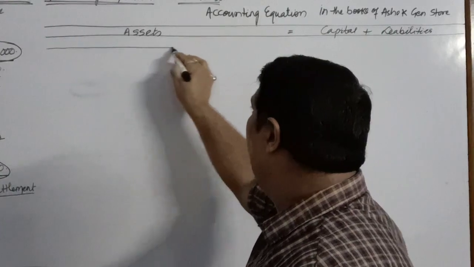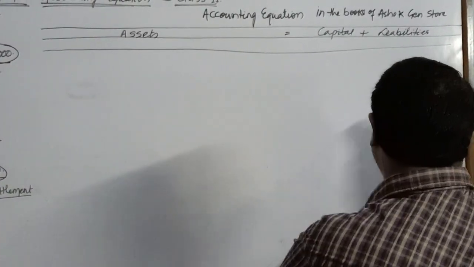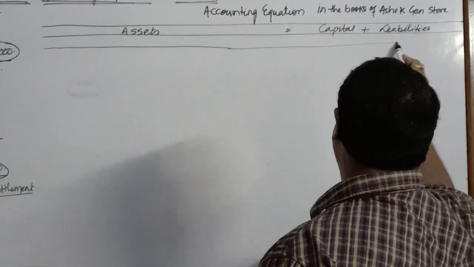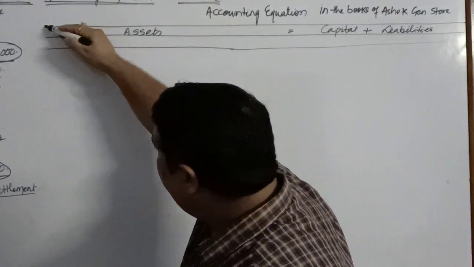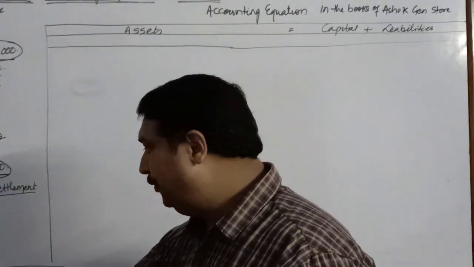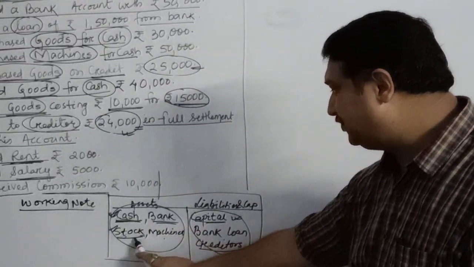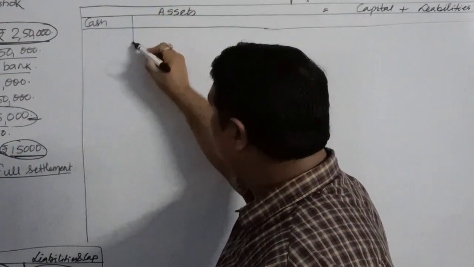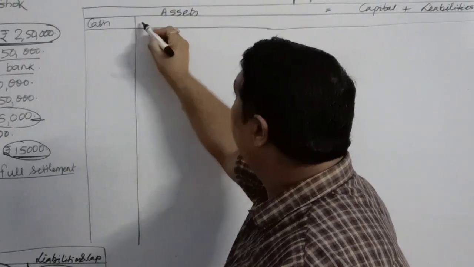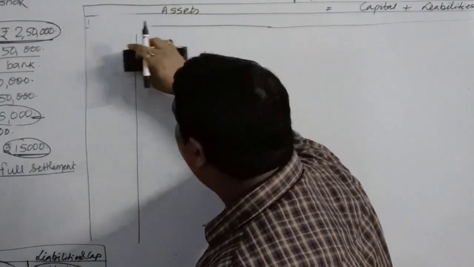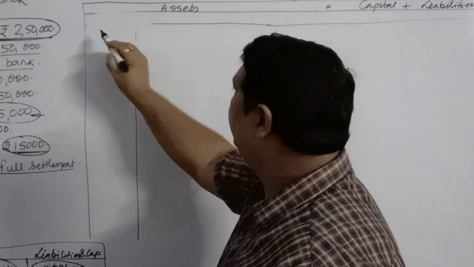Then you draw another line, and over here you will write the name of all the items which you are going to make under the head assets or liabilities. So under the head assets, which are the accounts? Cash, bank, stock and machine. So I will write first of all cash. I draw the lines like this. Then I must keep a line for writing the transactions.